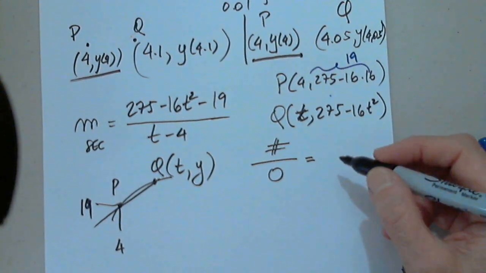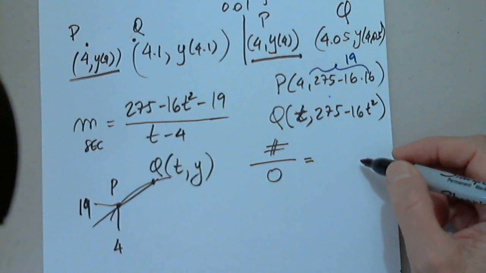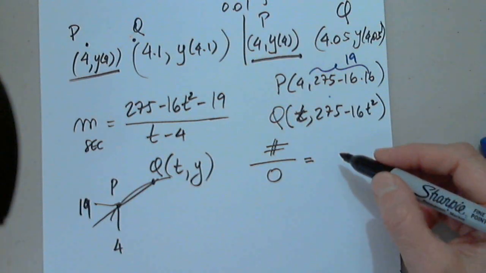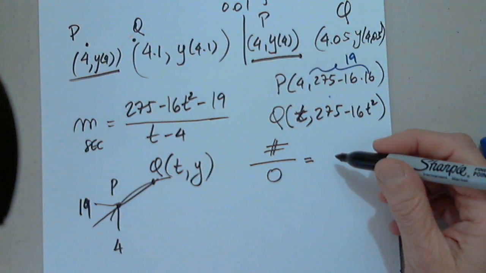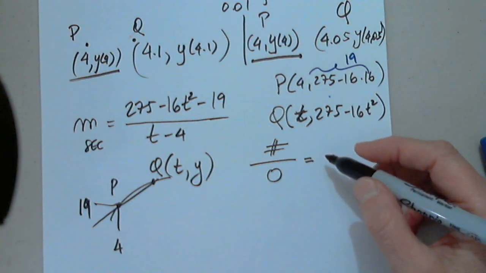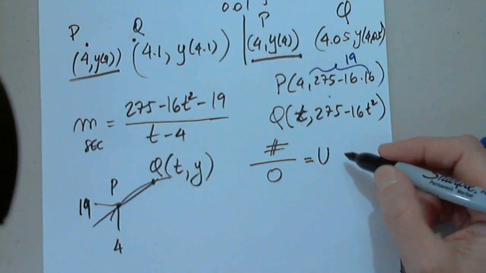It's non-existent, but it has a special name that we like to use. Kind of fancy. Vertical asymptote. Correct, but it's still another name. Division by 0 is called? Undefined.